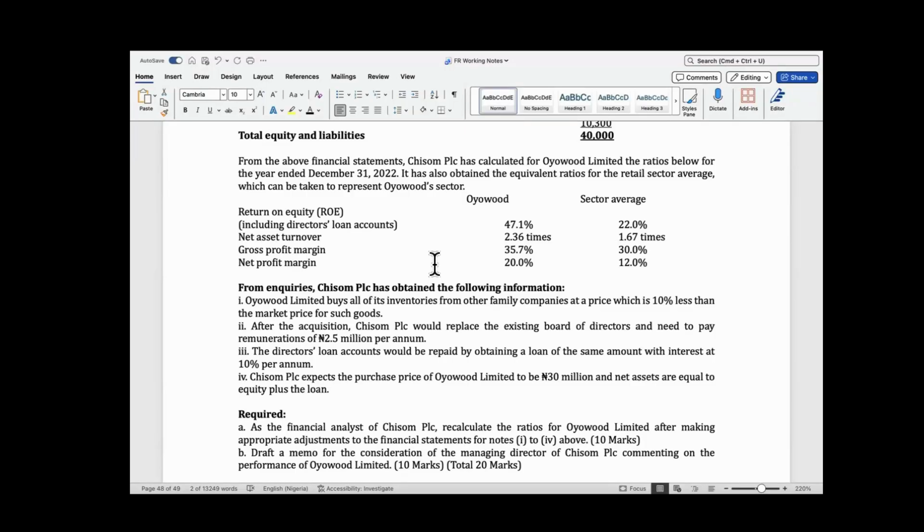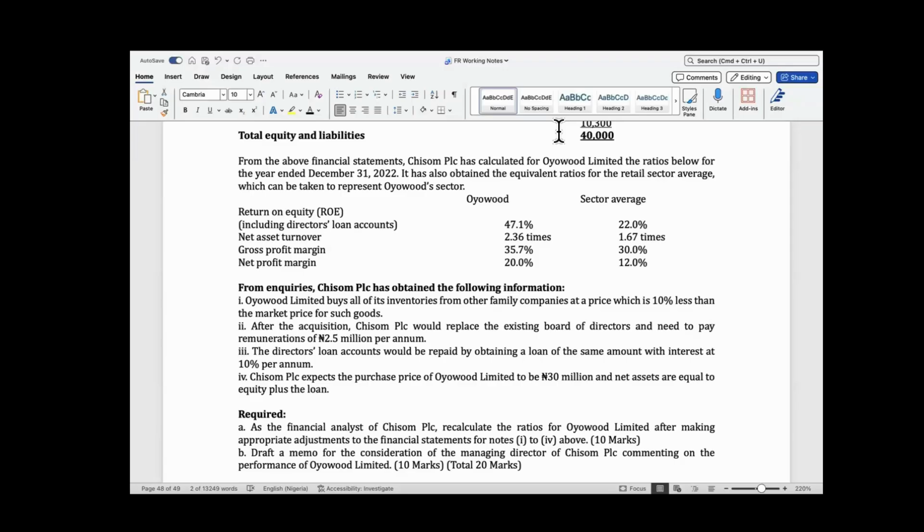For Oyo Wood, which is including director's loan account, we have 71%, 47.1%, and sector average is 22%. Net asset turnover, 2.36 times for Oyo Wood, and for sector average, we have 1.67 times. Gross profit margin, we have 35.7% for Oyo Wood. For sector average, we have 30%. Net profit margin for Oyo Wood, we have 20%, and for sector average, we have 12%.